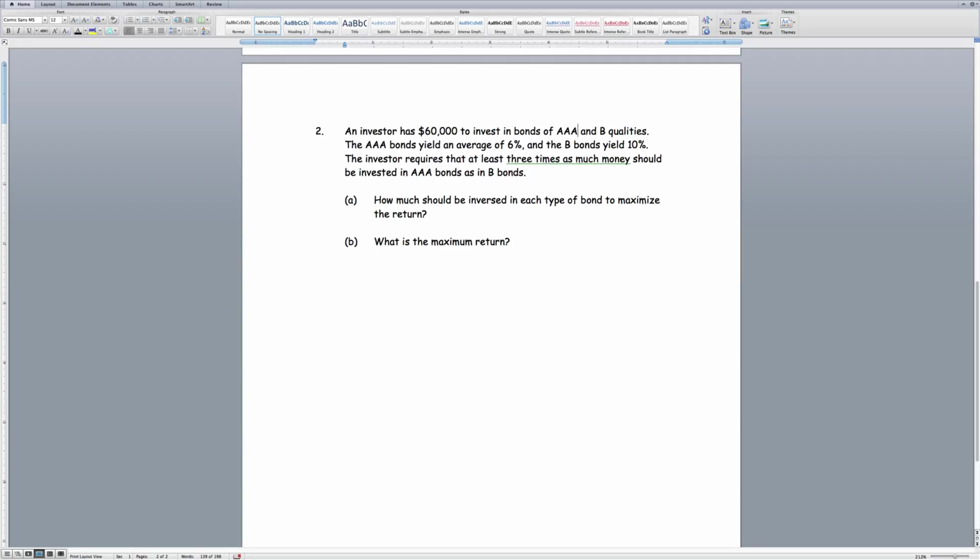Well, if we're trying to maximize the return, I'm going to let x equal the amount in AAA, and I'm going to let y equal the amount in B. And my maximum return is going to be 0.06 times x plus 0.10 times y.